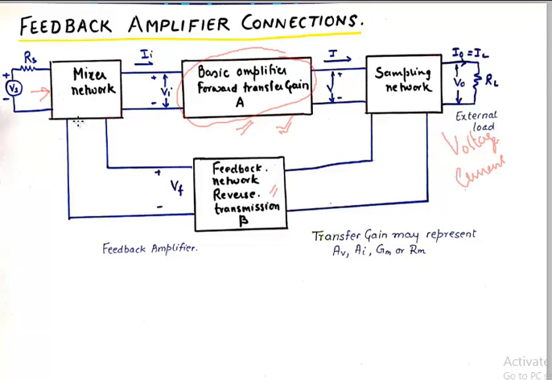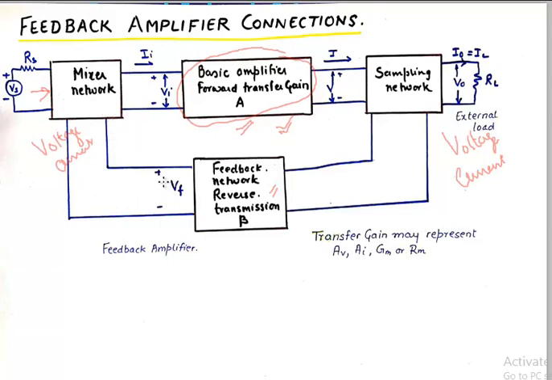And in the concept of feedback amplifiers I discussed, this input could be mixed with the feedback in a positive way or a negative way, depending upon whether it's a positive feedback or a negative feedback. So again, a mixer can take up the signal from the feedback network in terms of voltage or in terms of current, depending upon what kind of a configuration that is.